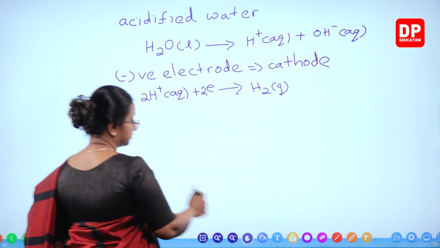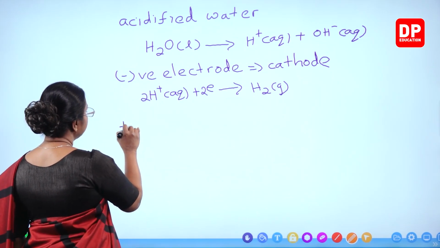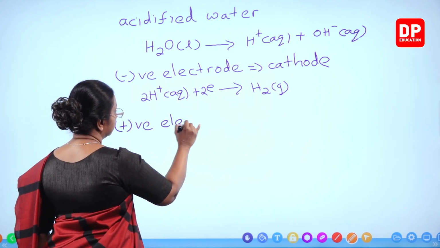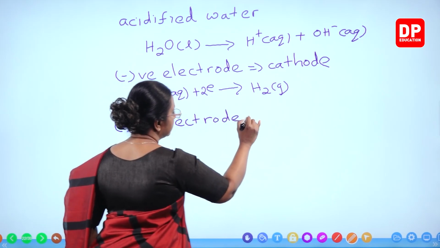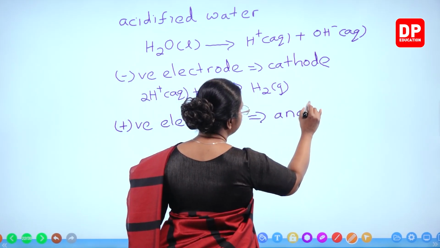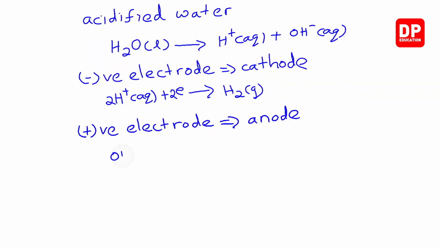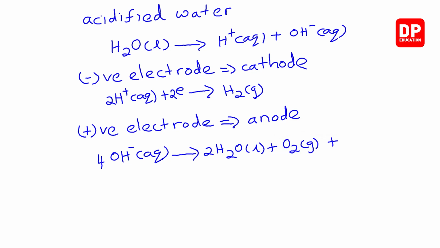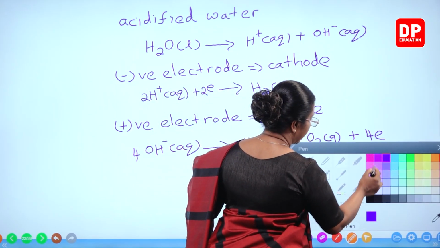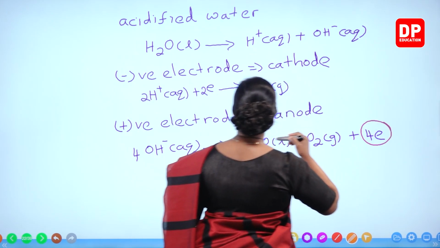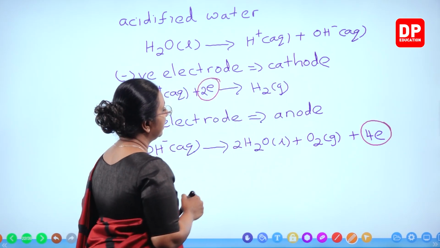Then near the positive electrode, that is the anode, OH minus ions will go towards the anode. You can remember the equation: 4OH minus ions giving rise to 2 water molecules, O2 gas, releasing 4 electrons. Here it is 4 electrons, and there it is 2 electrons.